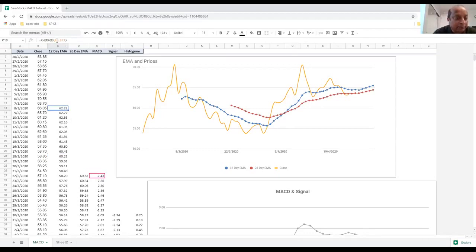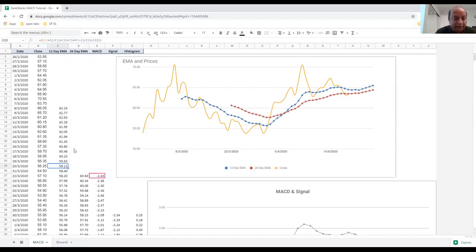This is the average of B2 to B13, meaning these numbers from here to here. And then from now on, we find the exponential moving average of the previous days. So this is basically a weighted sum of the previous values and the latest value, 6570, which is the B14 here. And then you find these values for the period of time.